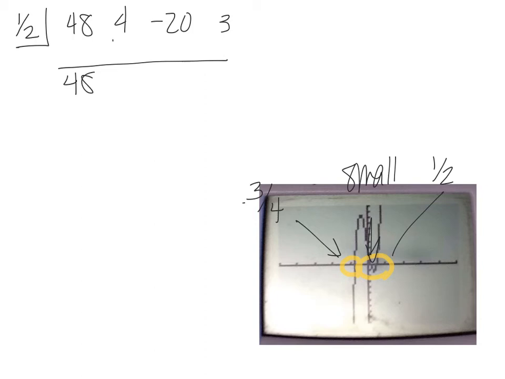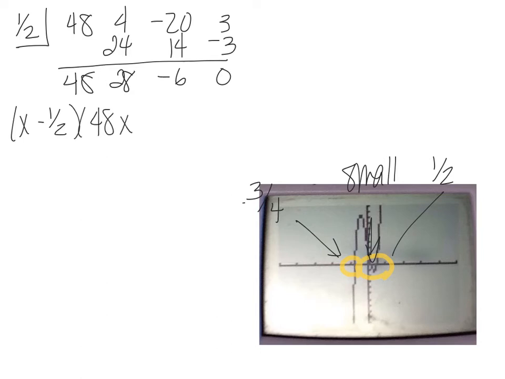Half of 48 is 24, add half of 28 is 14, add half of negative 6 is negative 3. Yahoo! So I get really excited. So I have x minus 1/2 and 48x squared plus 28x minus 6.